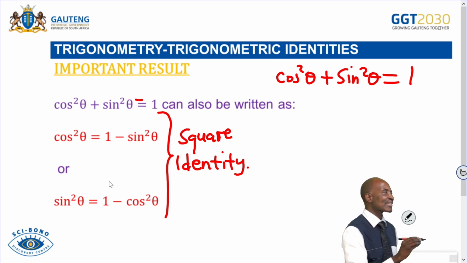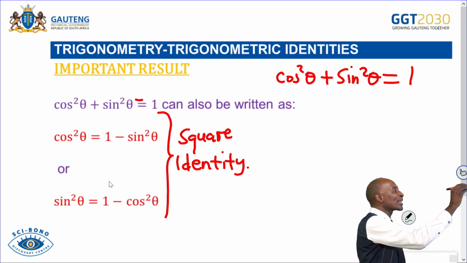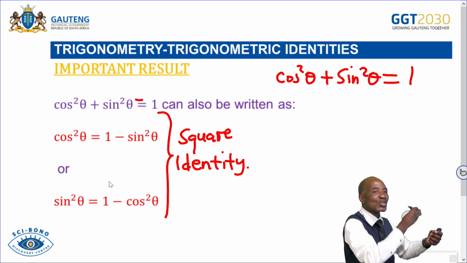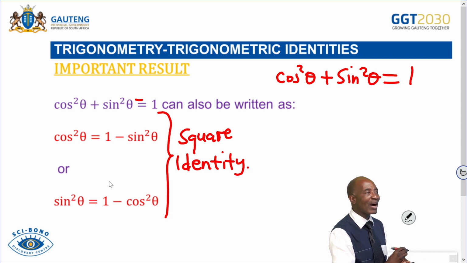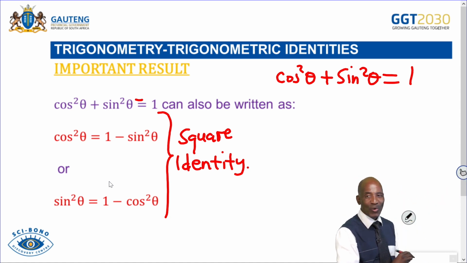Yes, definitely yes. Because what I see here are square numbers. Cos squared theta is a square number, because already you are saying cos squared. You are squaring that number. Sin squared is also a square number. And 1, from our normal numbers, is also a square number.